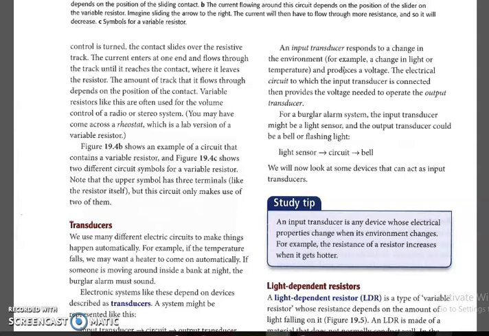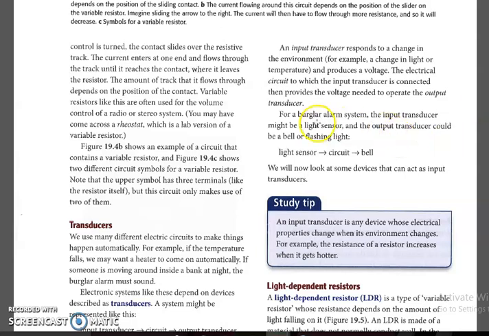A change in light or temperature provides a voltage to the circuit. The electrical circuit to which the input transducer is connected then provides the voltage needed to operate the output transducer. So the input transducer senses the environment and produces a voltage, and this voltage is enough to work the output transducer.